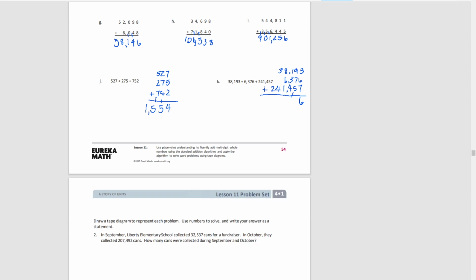Here we have 9 plus 1 is 10, plus 12 is 22. So we have 4 plus 3 is 7, plus 1 is 8, plus 2 more is 10. Then we have 8 plus 6 is 14, plus 2 more is 16. 3 plus 4 plus 1 is 8 10,000s, and finally 200,000s.